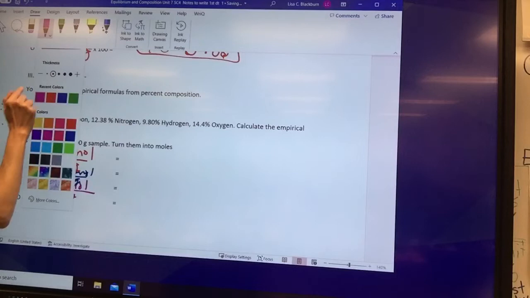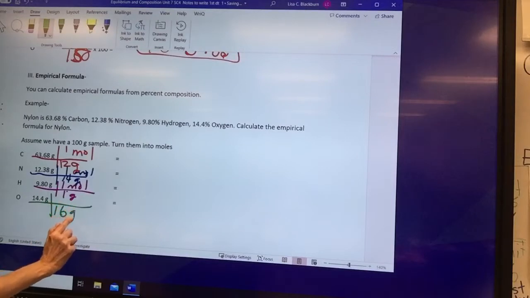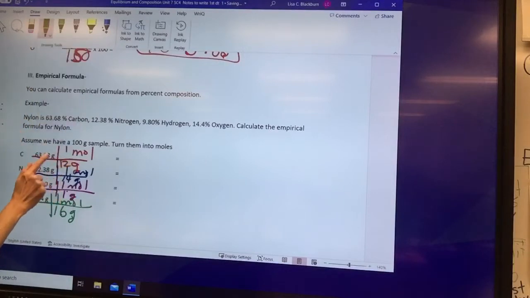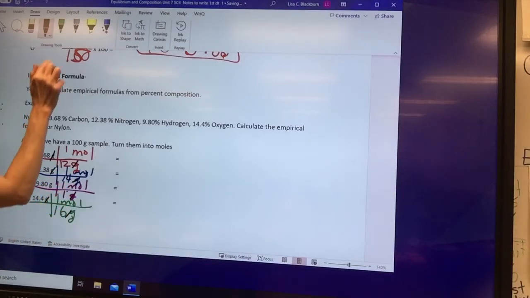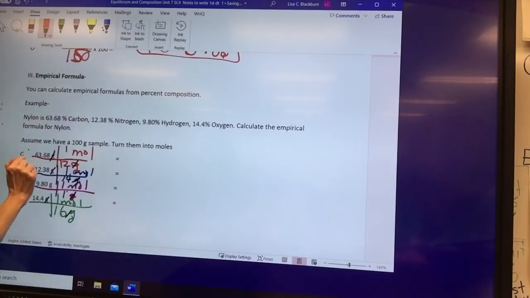And then let's do green. And then oxygen, 16 grams to 1 mole. For each of them, the grams mark out, and you're left with moles. You multiply any number on top, you divide any number on bottom. We'll go red.